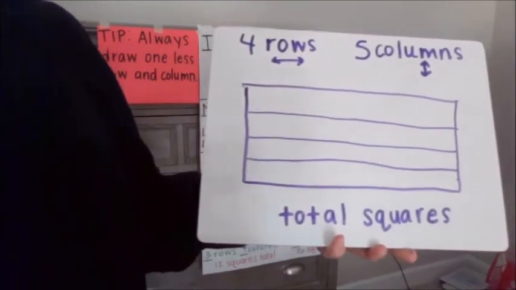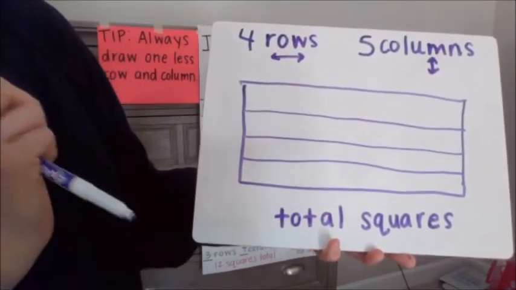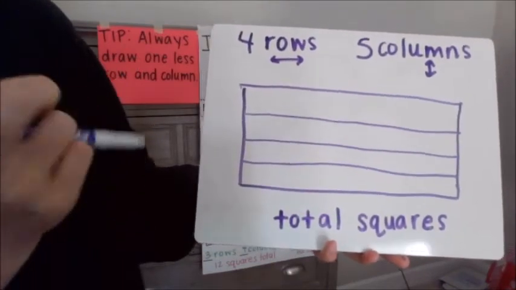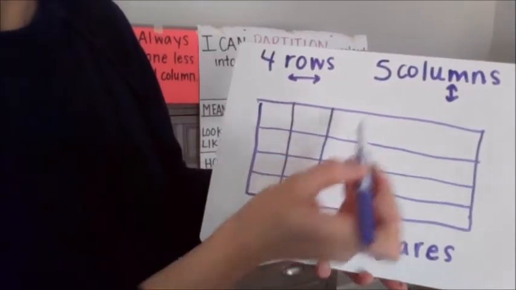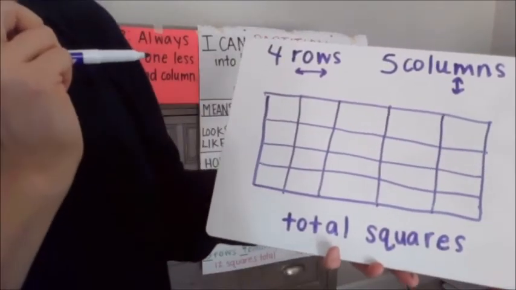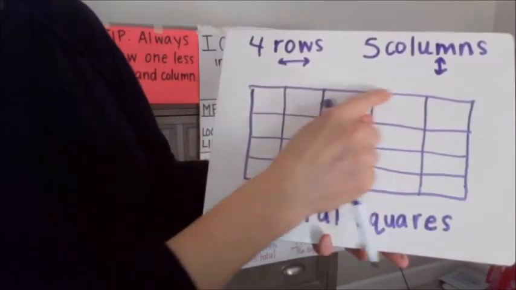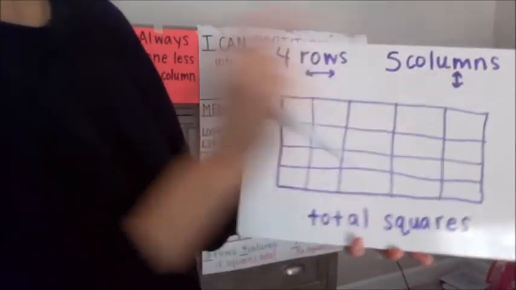Now I'm going to draw my 5 columns. So again, you draw 1 less line. So I'm going to draw 4 lines to make 5 columns. 1, 2, 3, 4. Now, I'm going to double check my columns. 1, 2, 3, 4, 5. Perfect. So we have 4 rows and 5 columns.